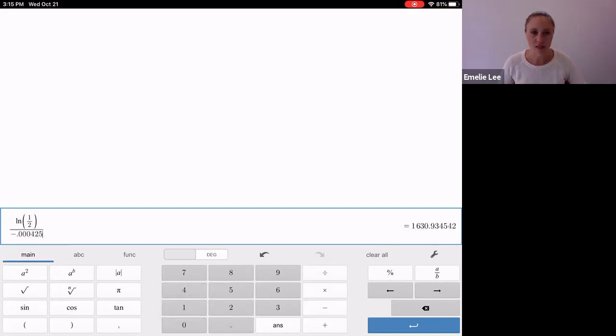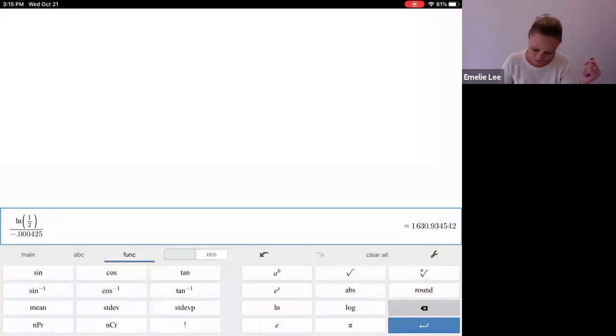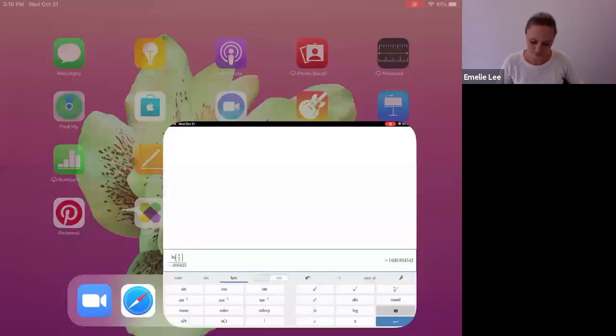And then it gives the approximation, 1630.934542. Good. Desmos is doing pretty well so far, except they really want you to use the change of base formula instead of just giving you any base on the log. But anyways, we know how to deal with that.